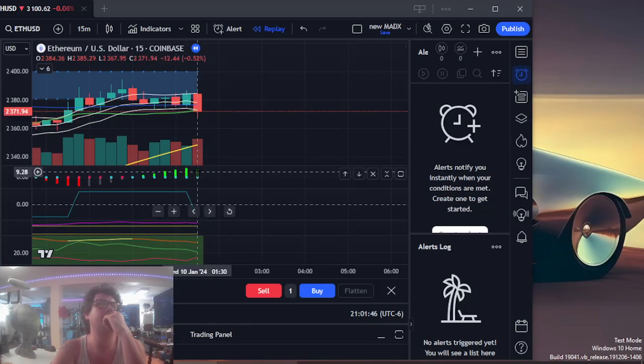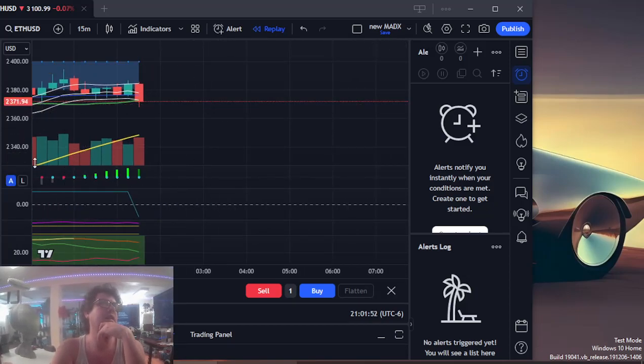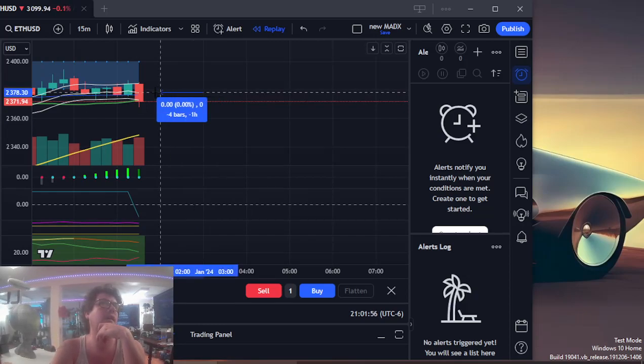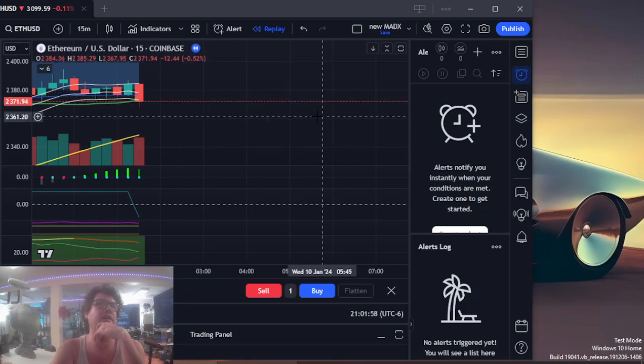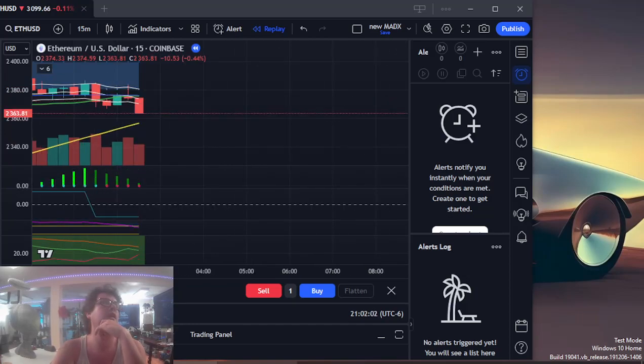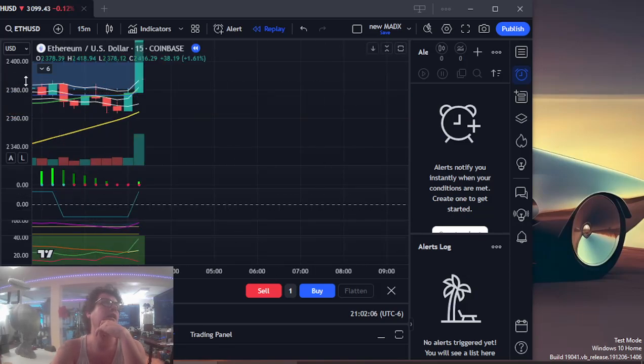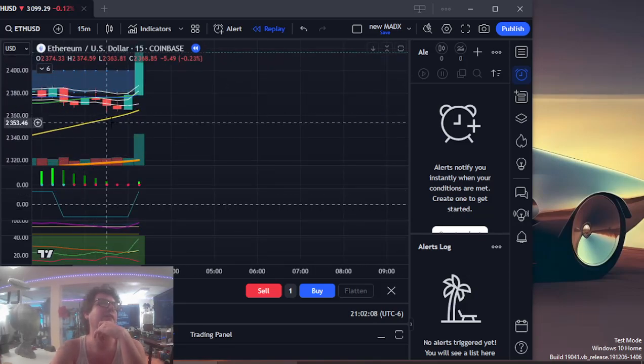1, 2, 3, 4, bad RSI though. See how much the risk is. Not enough. Alright. Here we go.